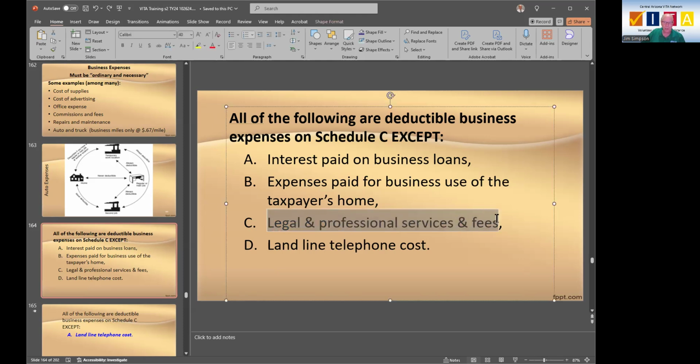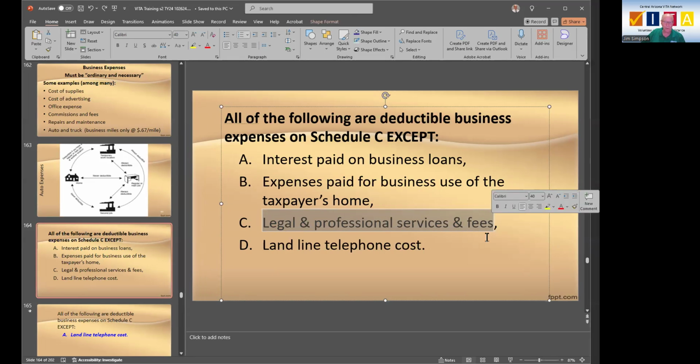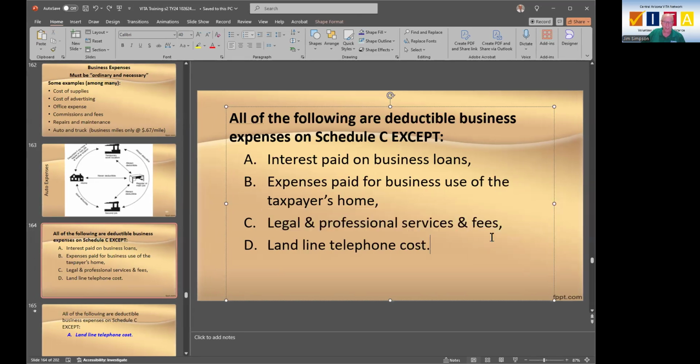Actually, this says legal and professional services and fees are not deductible. I'm not sure. I would deduct some of those if they're ordinary and necessary. You've got to sort that out. You can't say I paid a lawyer to create a will and call that a business expense.